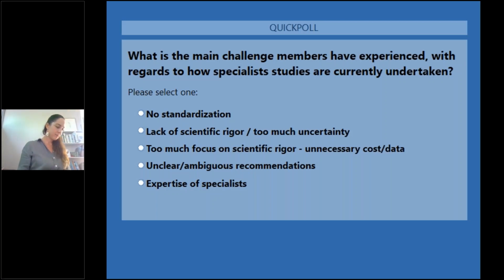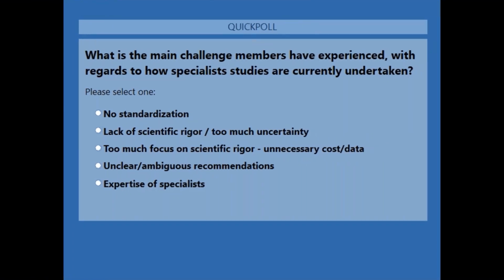Options: no standardization; lack of scientific rigor or too much uncertainty; too much focus on scientific rigor, or unnecessary costs and data; unclear or ambiguous recommendations; or expertise of specialists. So again, the question, what is the main challenge that you members have experienced with regards to how specialist studies are currently undertaken? We'll give another 5 seconds or so to enter your answers.